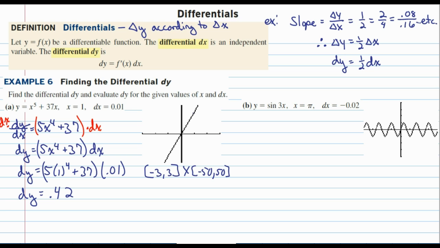At x equals 1, the x values are changing by 1, and the y values would then go up 42. So up 42, right 1. But I don't want that. I want to know what happens when it changes by just a teeny little bit, by 0.01. So the vertical change, the dy, is going to be 0.42. Very, very teeny.